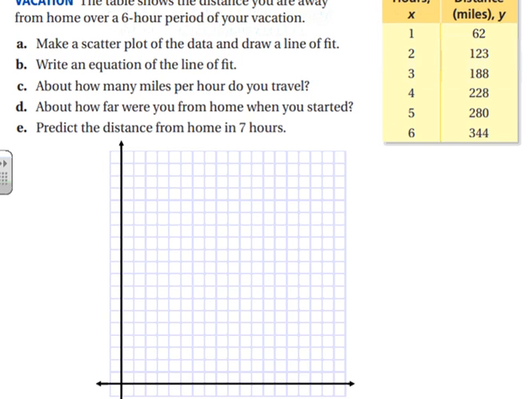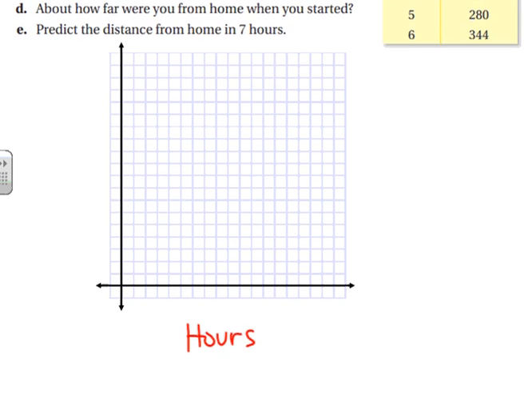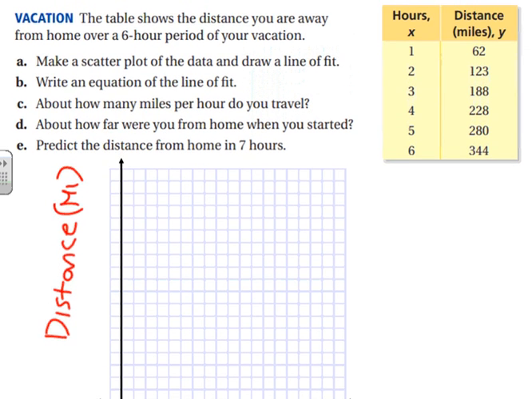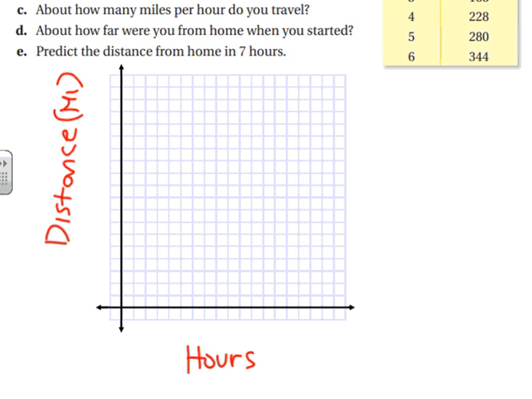We have an x value of hours and then our y value was distance in miles. Our scale for the x-axis looks like it only needs to go up to 6. So we'll space that out starting at 0. I'll just number every other one.